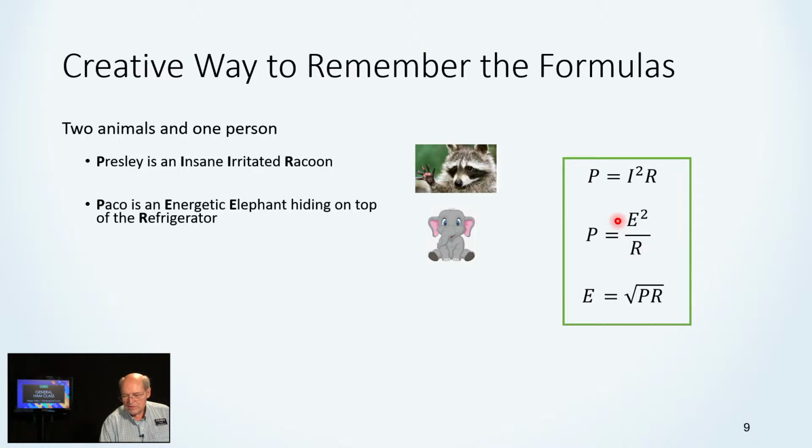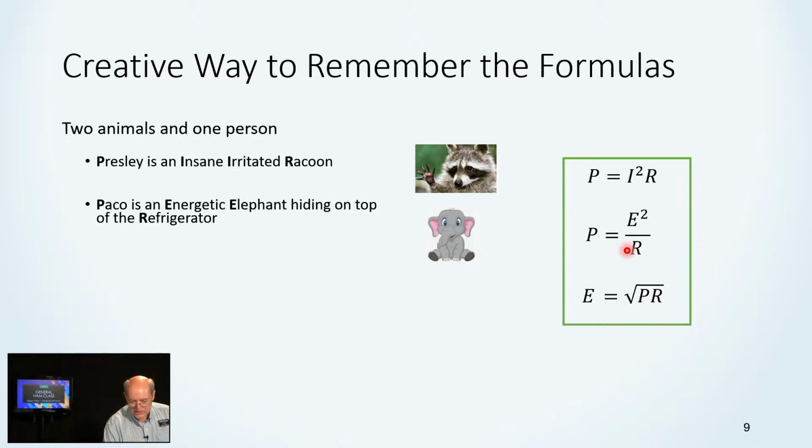So power equals E squared R. So when we have a problem that we have to solve, we first of all have to ask, well, what is it they're asking for? Is it power or is it voltage? What is it? And then what are we given? If it's asking for power and the question is giving us current and resistance, we know that Presley is our friend. And it keeps going.